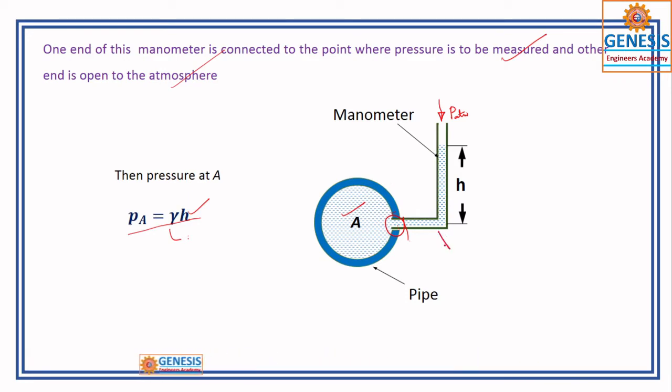Only this glass tube is the piezometer, which is inserted into the pipe. Because of the pressure, there is a rise in the liquid column, which I call H. So P is equal to gamma H, and it gives the direct gauge pressure of the fluid. We have not used mercury here. If mercury is used, you have to convert that into the other fluid values.